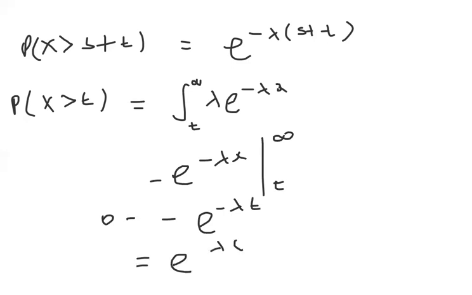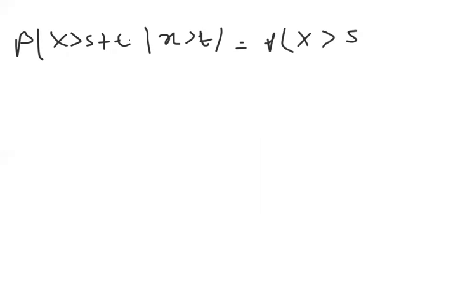Great. But we also know from this that the probability of X greater than s plus t, given X greater than t, is equal to the probability of X greater than s plus t over the probability that X is greater than t.